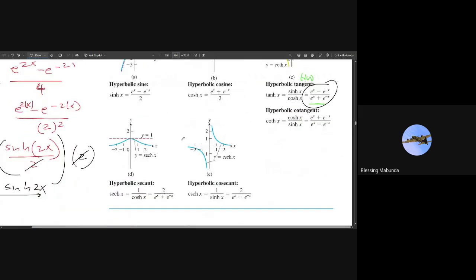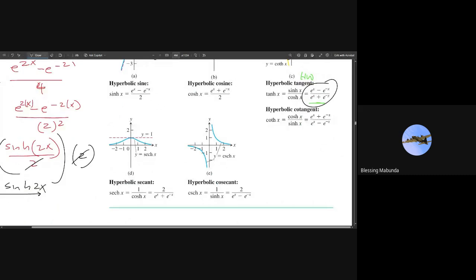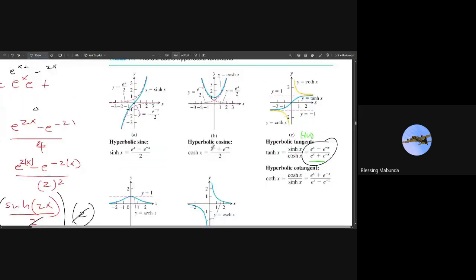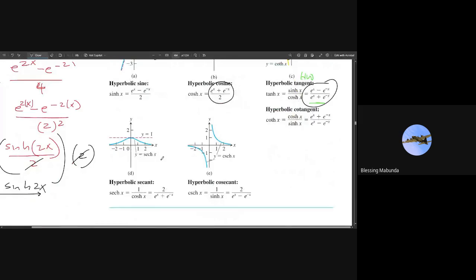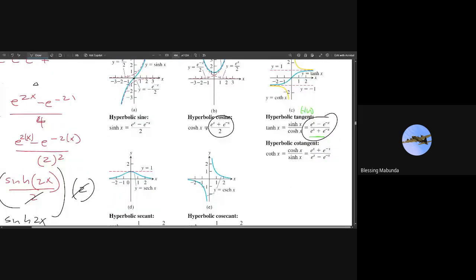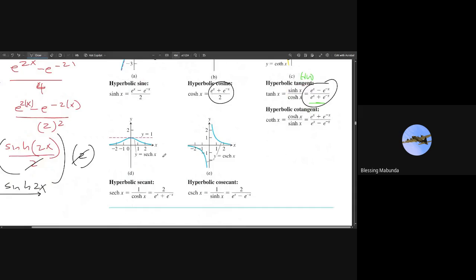And then for sech here, we're looking at the inverse of cosh. That means you're simply going to invert this here. What you have is that your curve looks like this, and y equals 1 forms your asymptote.